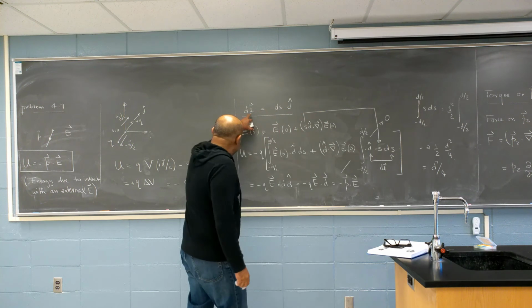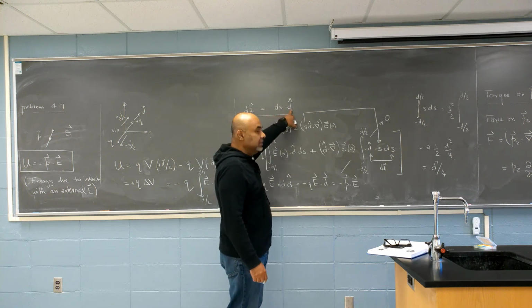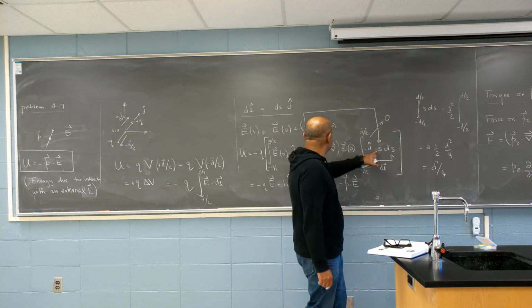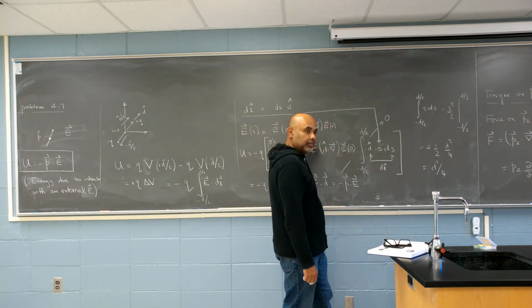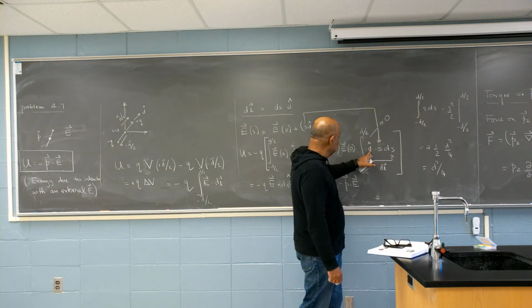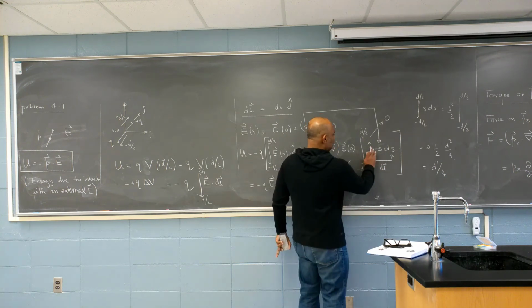No, I call dl ds times d hat. So this is my dl. And s, I'm importing from this term. So I can even pull this out of the integral, because these are constant vectors.